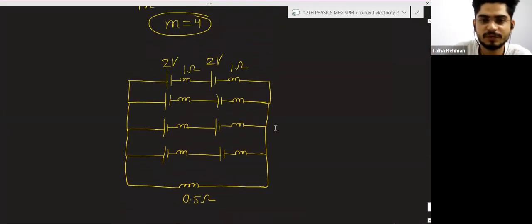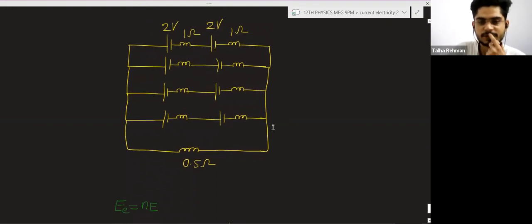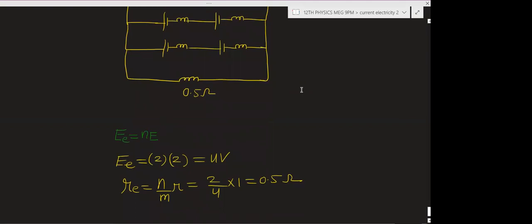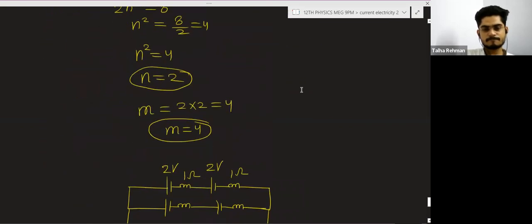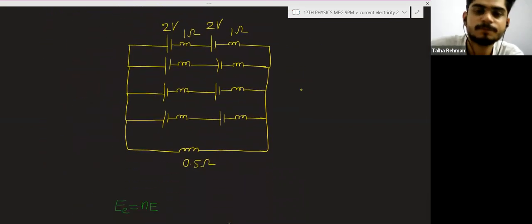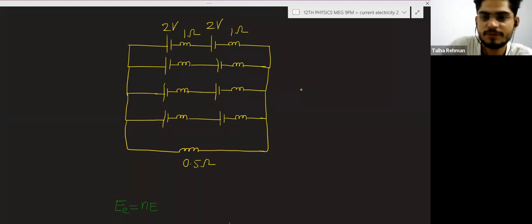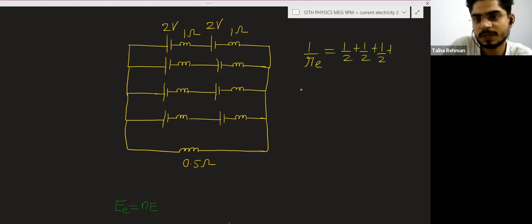And from here also when you calculate, this is 1 ohm, this is 1 ohm, this will become 2 ohm, and each row will become 2 ohm. When you find R equivalent, you will write 1 by 2 plus 1 by 2 plus 1 by 2 plus 1 by 2.